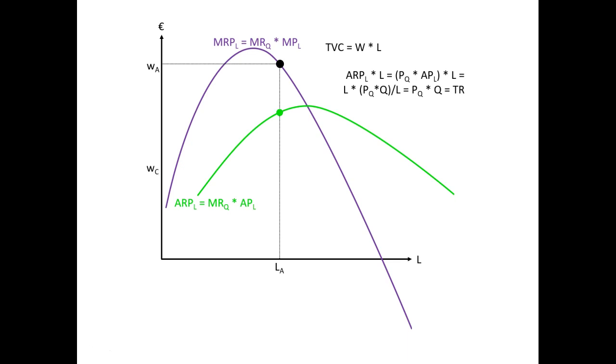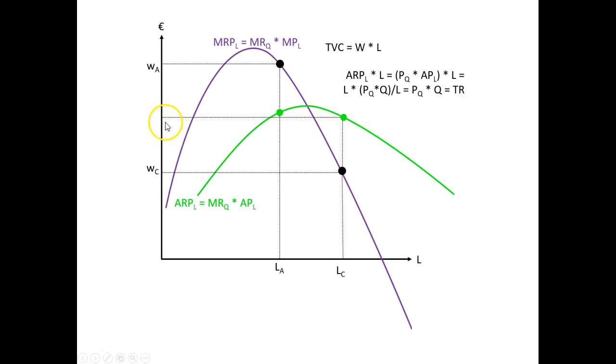So we have to look at another wage rate. We take a much lower one, let's say WC. The marginal condition, marginal factor cost equal to marginal revenue product, tells us that the company would be willing to buy LC units of labor, and the revenue we receive will be the average revenue product at LC.